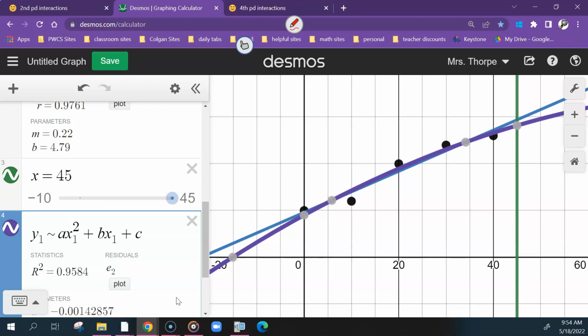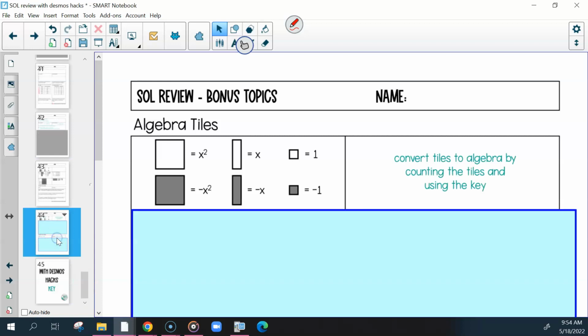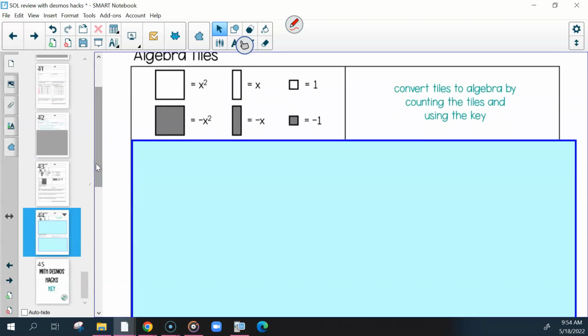Okay, on the last page. With algebra tiles, convert the tiles to algebra by counting the tiles and using the key. Do we need to see any of 1 through 4?